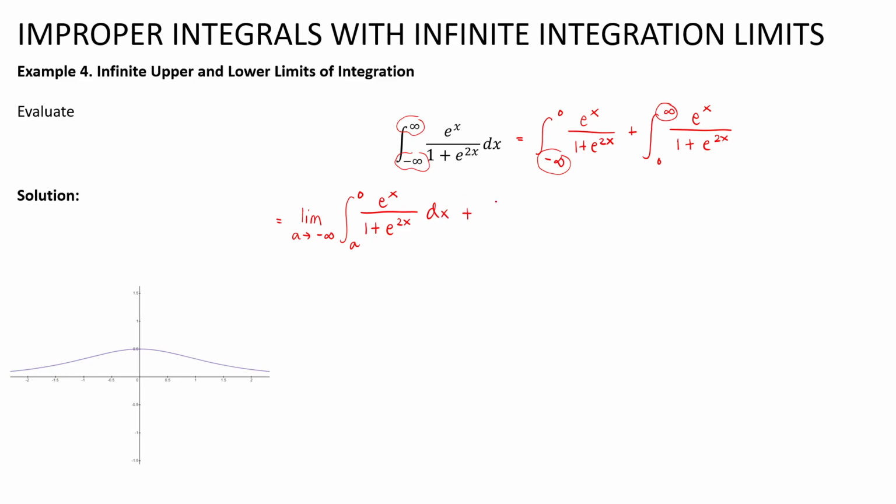Then the second term is the limit of b as b approaches infinity, integral from 0 to b, e raised to x over 1 plus e raised to 2x dx. Since both terms are the same, you can evaluate the integrals separately.